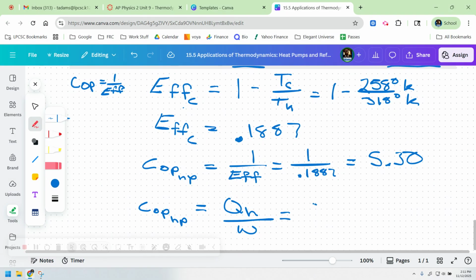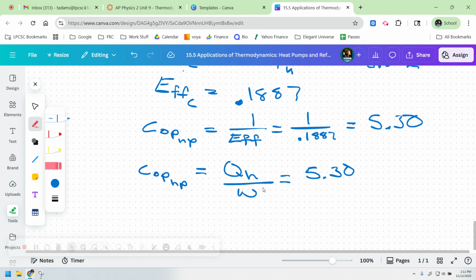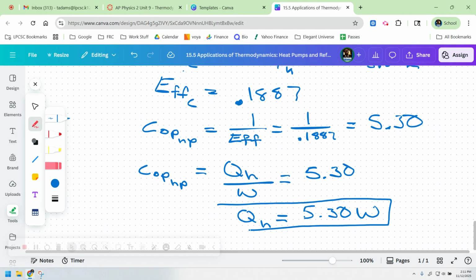And we happen to know that that's 5.3. So then if I multiply both sides, I end up with my high heat is going to equal 5.30 times the work that I put into the system. And that's why we call it the coefficient of performance for a heat pump.